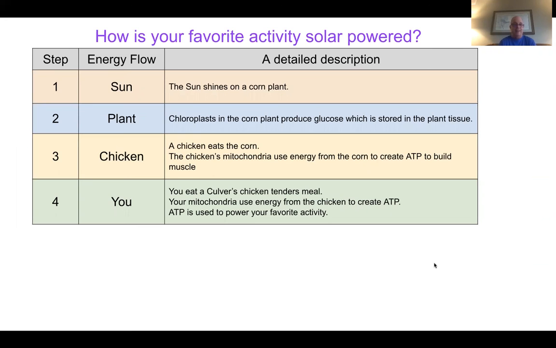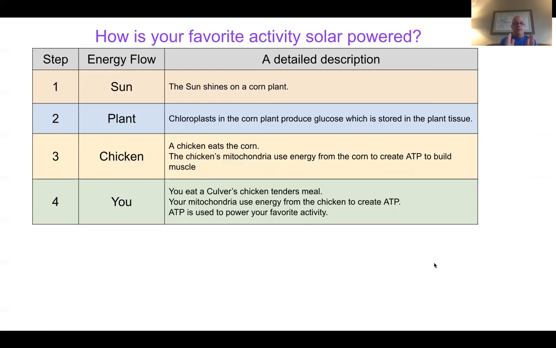So on the second day, whether it's Tuesday or Friday, we're going to ask students to make a diagram to illustrate the energy flow that starts at the sun and ends with you doing your favorite activity, and along the way goes through plants and the chicken, and maybe a trip to Culver's for chicken tenders.